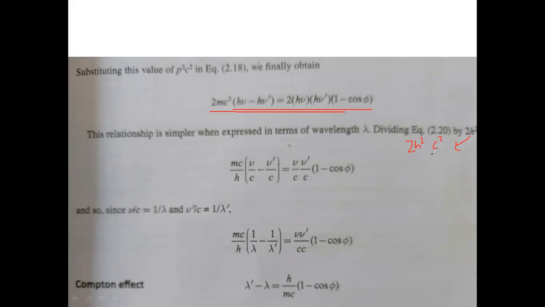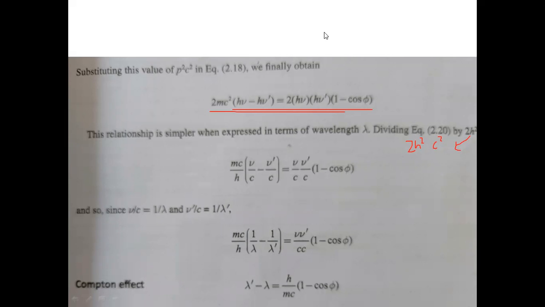By dividing this equation with 2h square c square, we get mc by h into (nu divided by c minus nu dash divided by c) equals nu by c, nu dash by c into 1 minus cos phi.